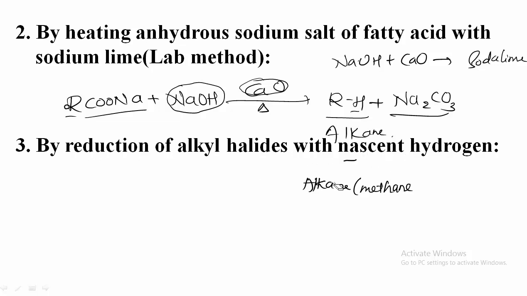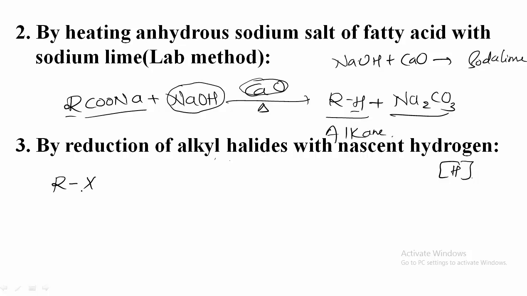So nascent hydrogen means, what does it mean? Nascent hydrogen is nothing but the single hydrogen atom. It is said to be nascent hydrogen. Now when we treat that nascent hydrogen with alkyl halides, let's take in general RX.